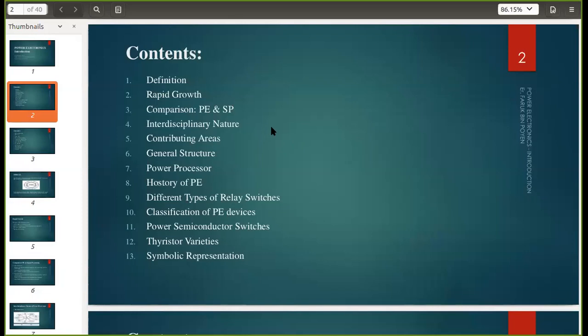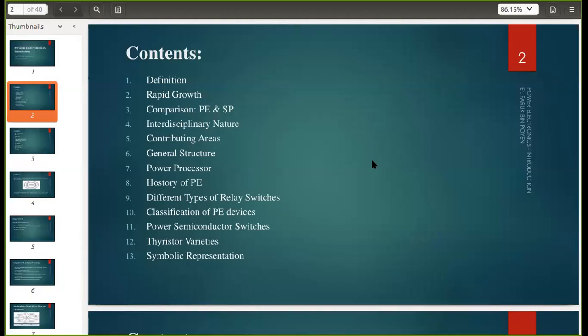And what is the general structure of power electronics, then the processor, then some history of power electronics, and the different types of switches, or the relay, which you have already studied in basic electrical. There we see what a relay is, what we mean by a switch, and then how we classify power electronic devices. There are huge numbers of devices available in the market which are called power electronic devices; I'll come to that also.